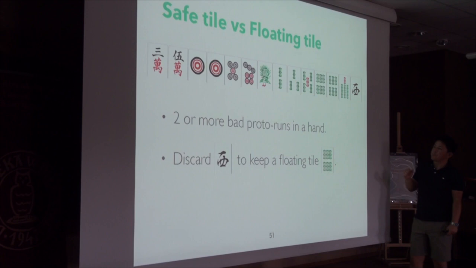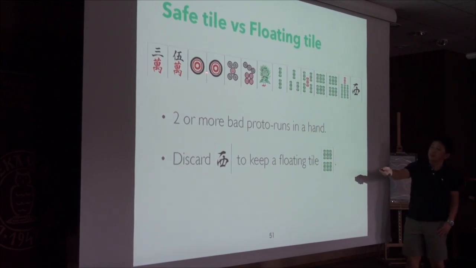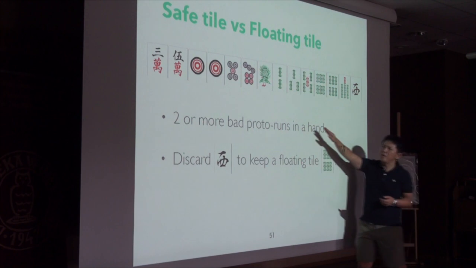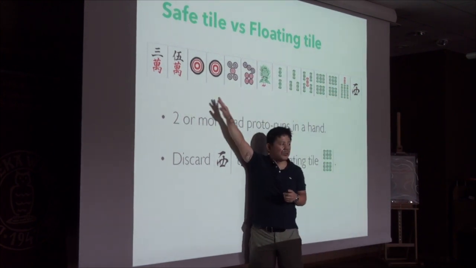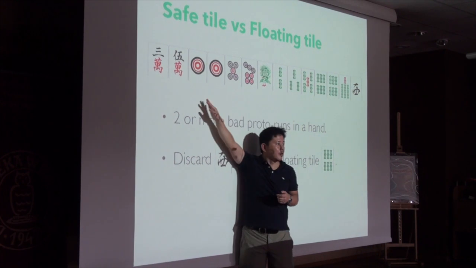How about now? Again, we have 5 blocks, 1, 2, 3, 4, and 5. But the difference here is that now we are not completely happy about the protrans that we have. They're close to 8, right?